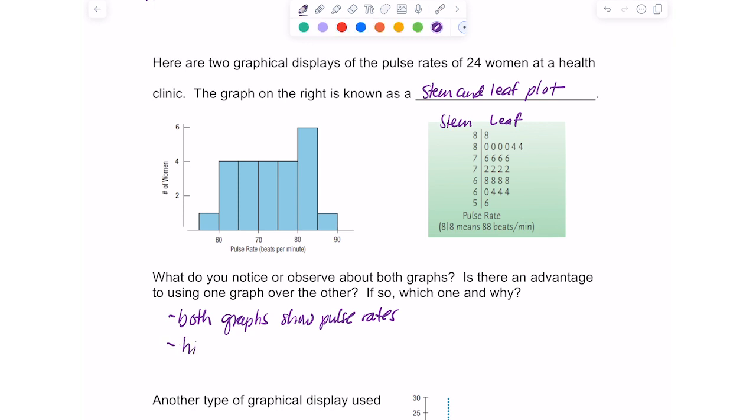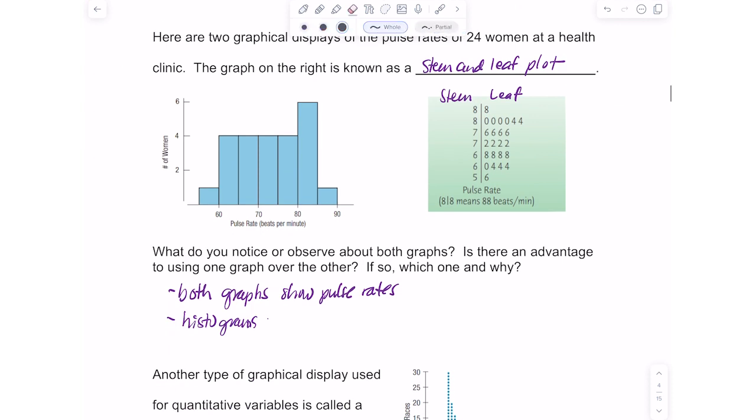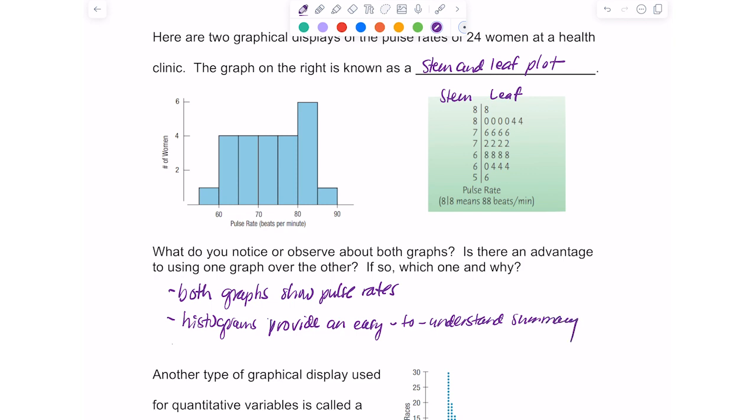So histograms provide an easy to understand summary, and stem plots show the data values, whereas histograms don't.